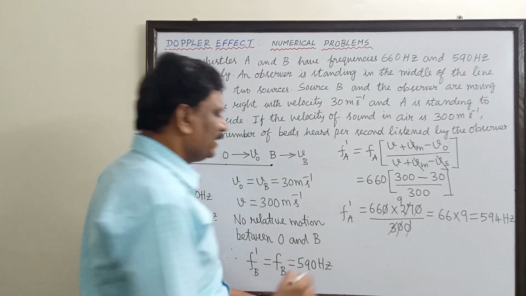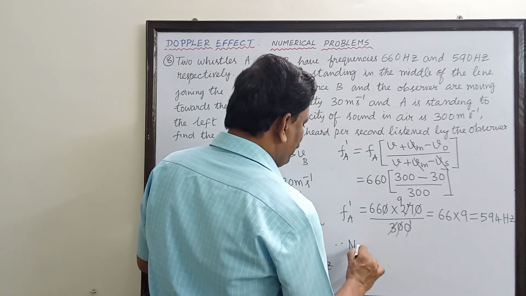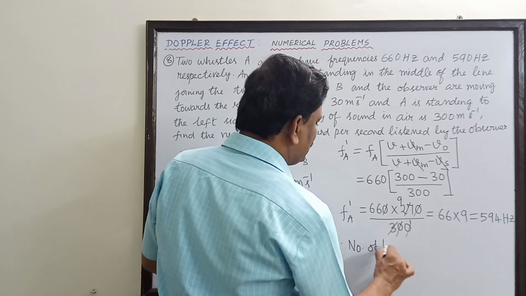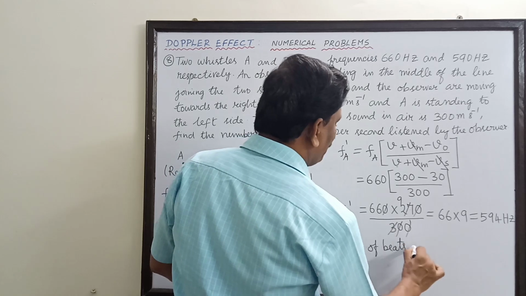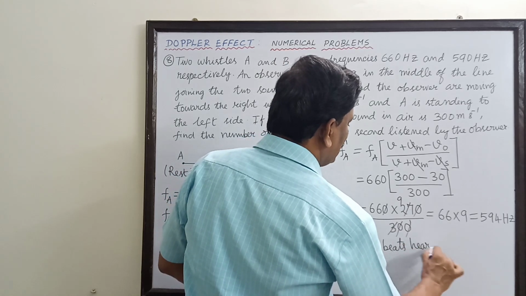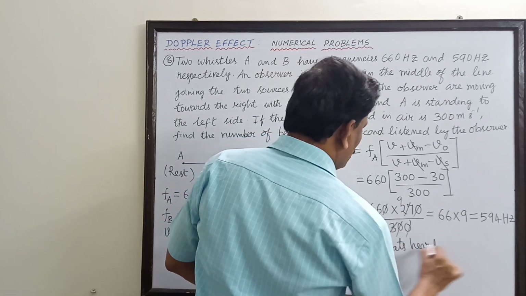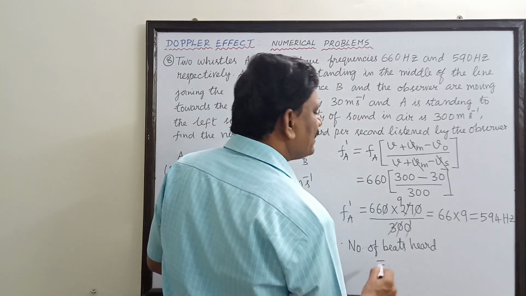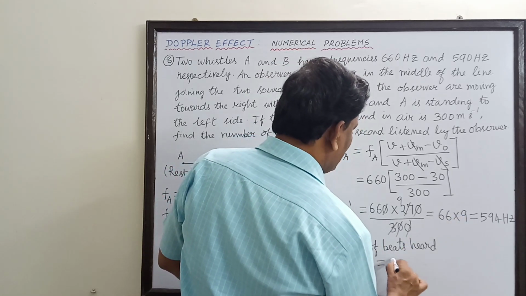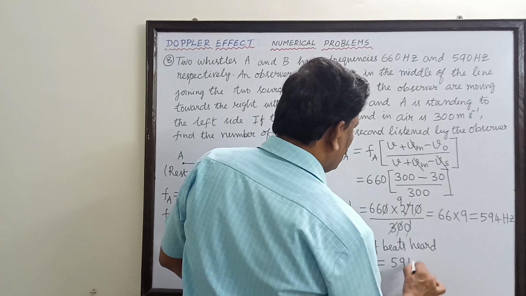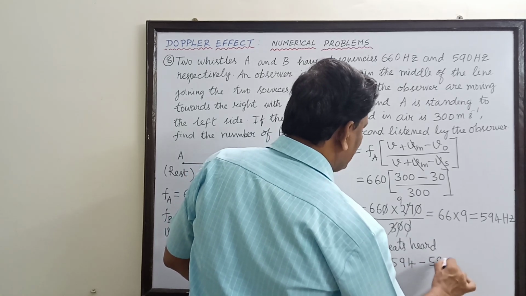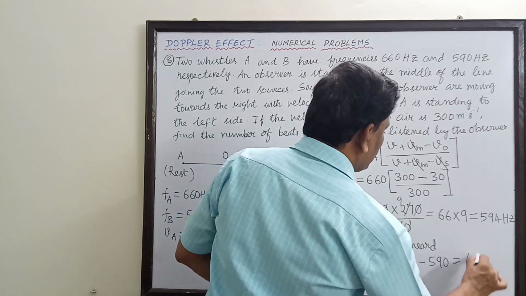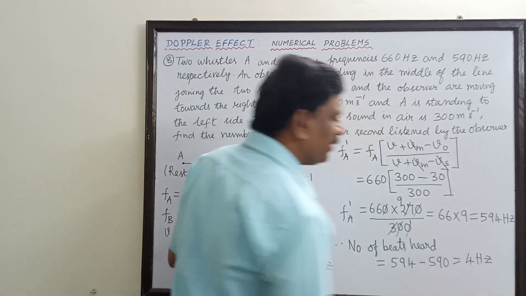Therefore, the number of beats heard per second is equal to the difference in frequency, 594 minus 590, which is equal to 4 Hertz, 4 beats per second.